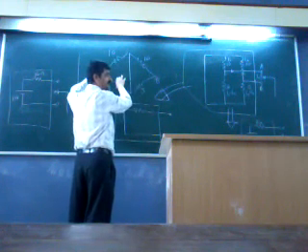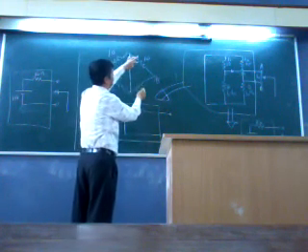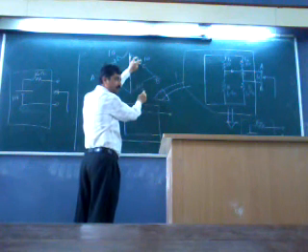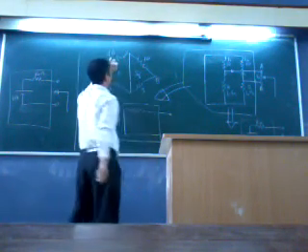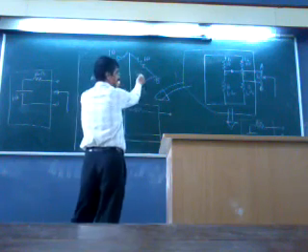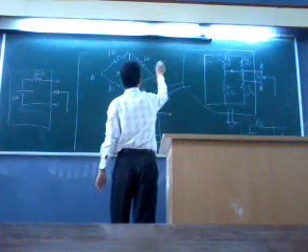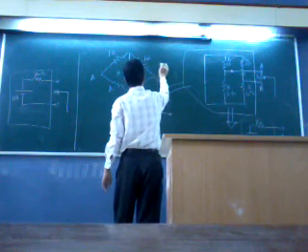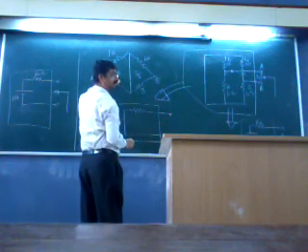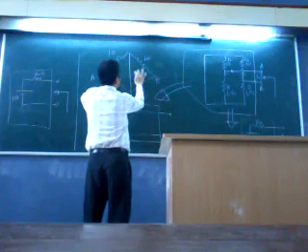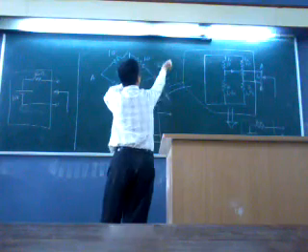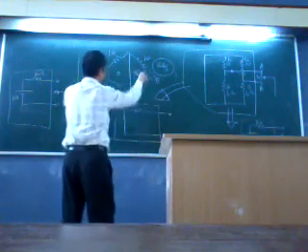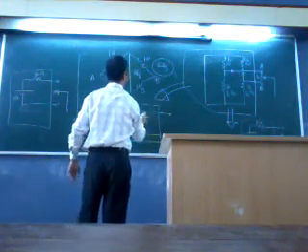So 10 parallel 10, which is 5, plus 10 parallel 5. What is 10 parallel 5? It is 50 by 15, that is 10 by 3. So 5 plus 10 by 3 is 25 by 3.